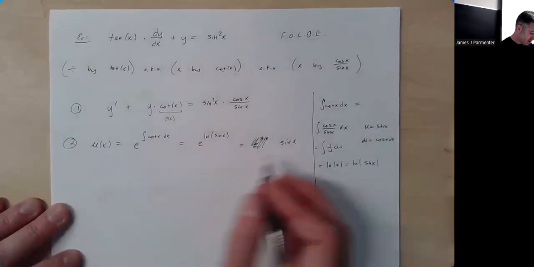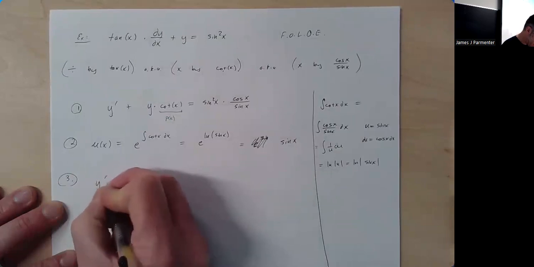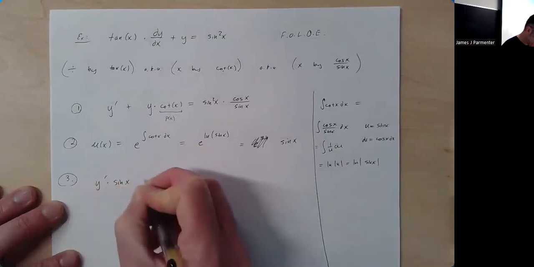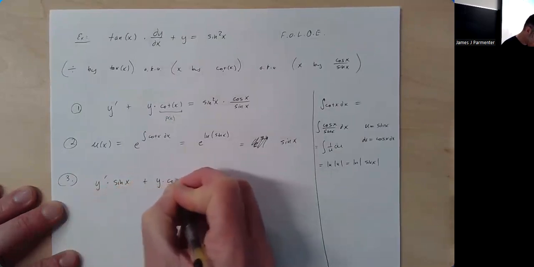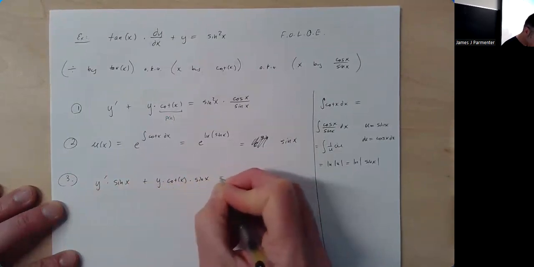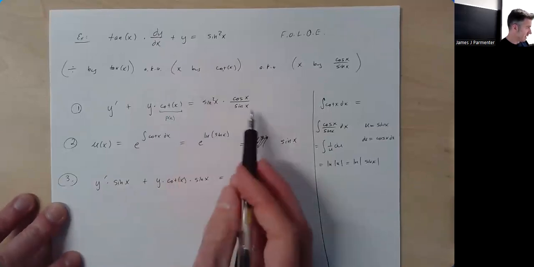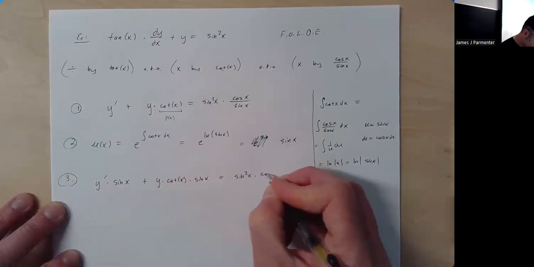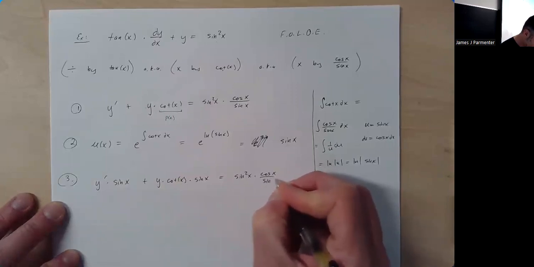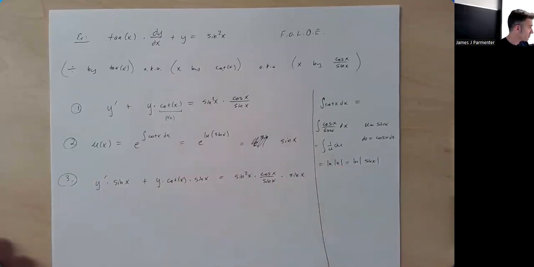So then we're going to multiply everything by it. We're going to get y prime times sine of x plus y times cotangent of x times sine of x equal to sine squared of x. I'm actually not going to cancel the sine here because I'm going to see that the cosine x over sine of x is going to cancel the sine I'm multiplying by right now.